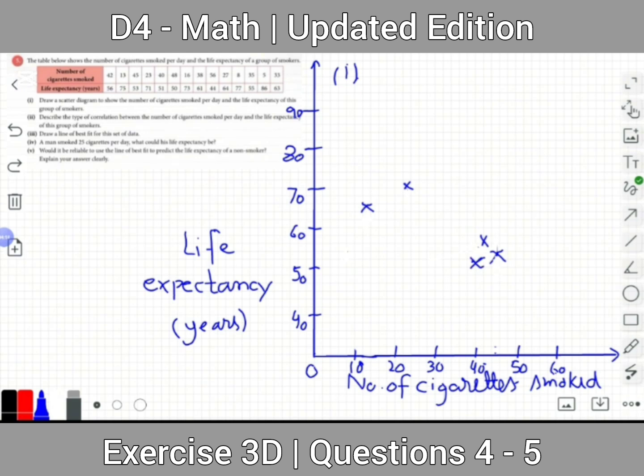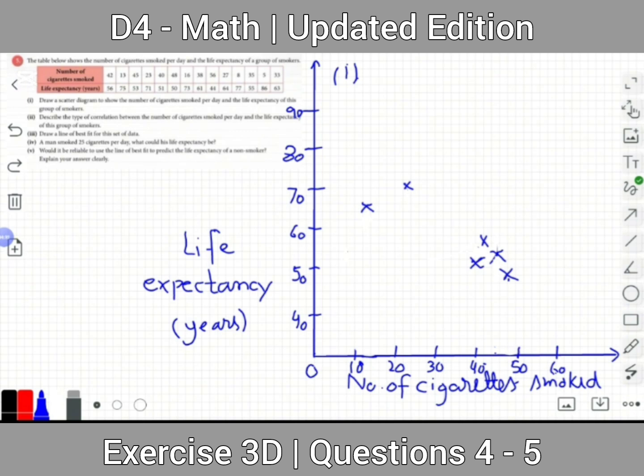Now for 48 and 50, here we have 48 somewhere here, and here we have 50, so we will put a cross here. Now for 16 and 73.